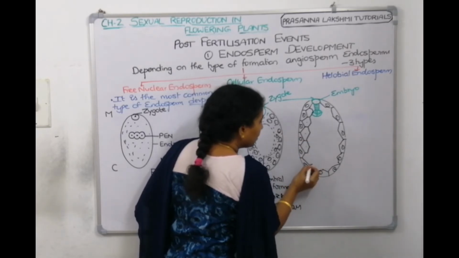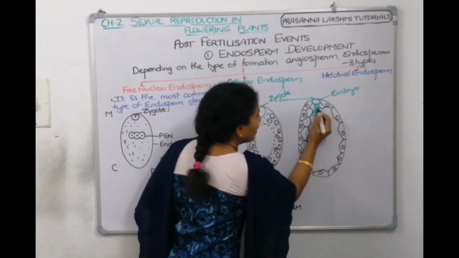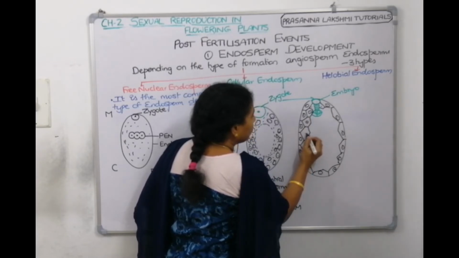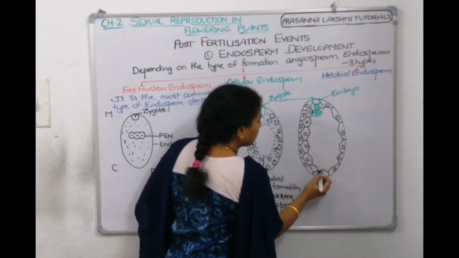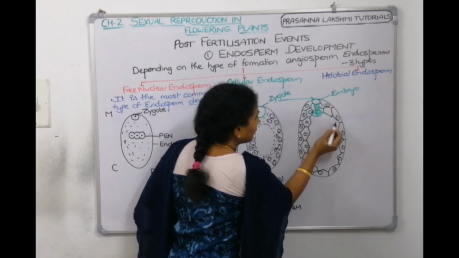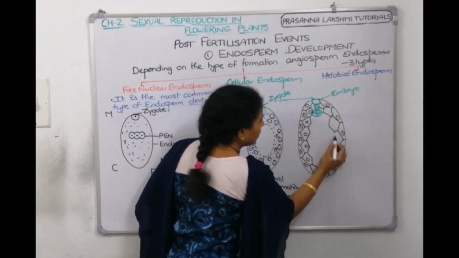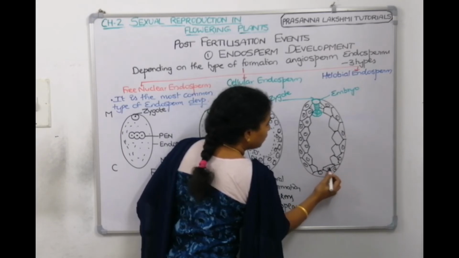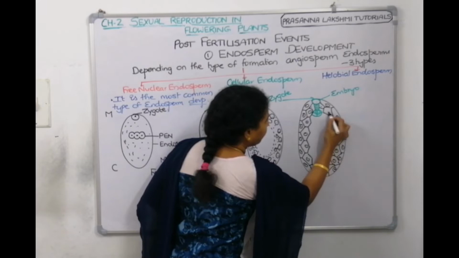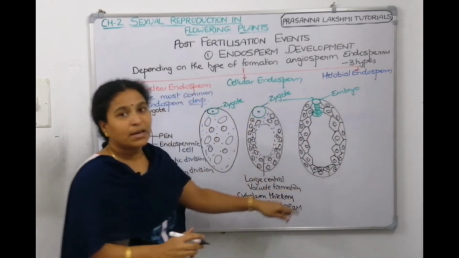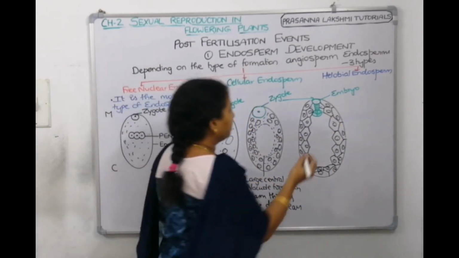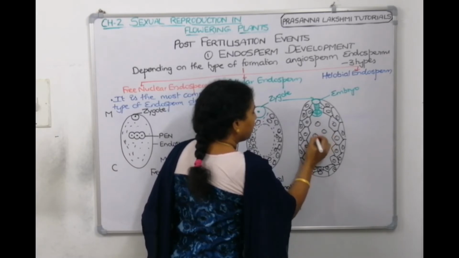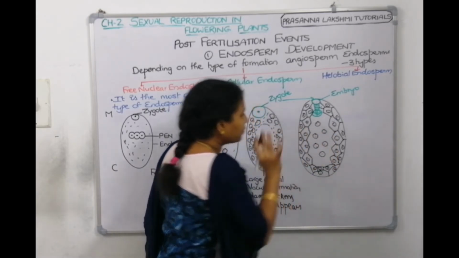Slowly, initially the inner ones will be free nuclei only. So I am making the outer ones cellular, whereas in the inner part free nuclei will still be there.